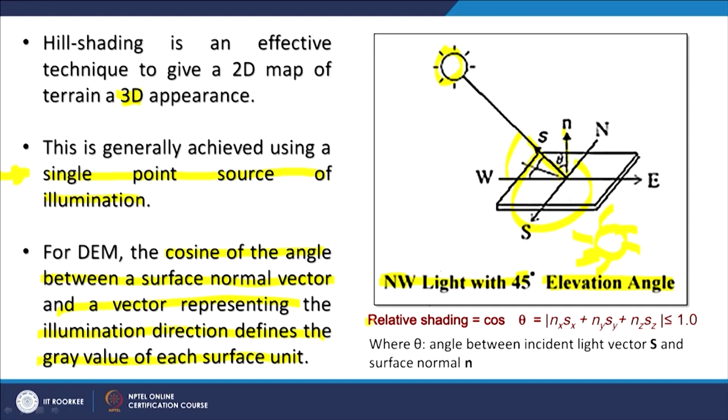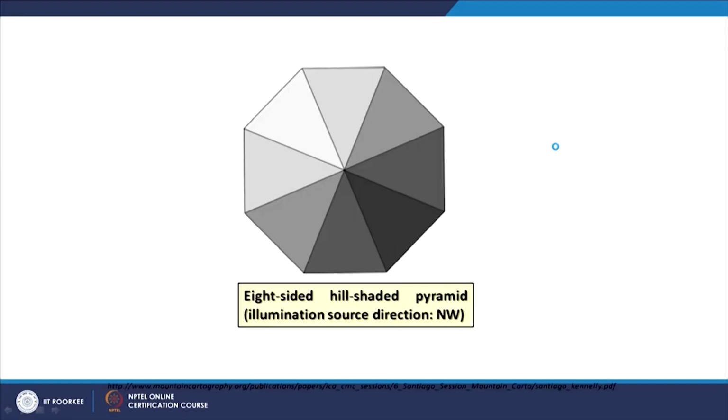So, here the relative shading is decided based on cos theta, and the details are here. Theta is the angle between the incident light vector S and the surface normal n. Now, here is the example of an 8-sided hill shaded pyramid. This is the concept that software currently follows, where the illumination source is in the northwest quadrant.